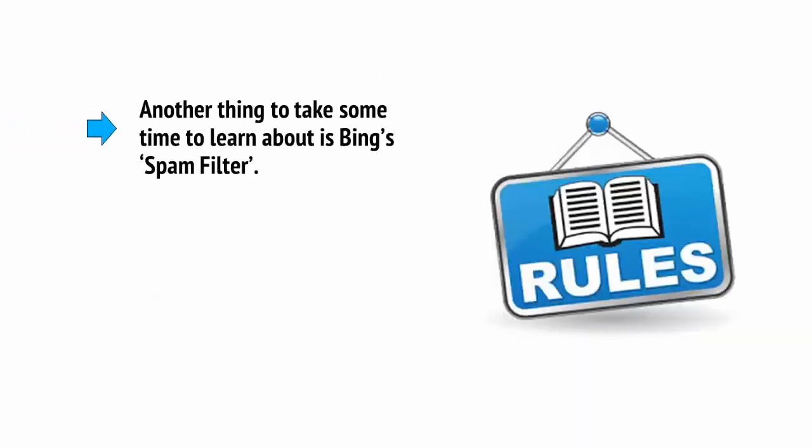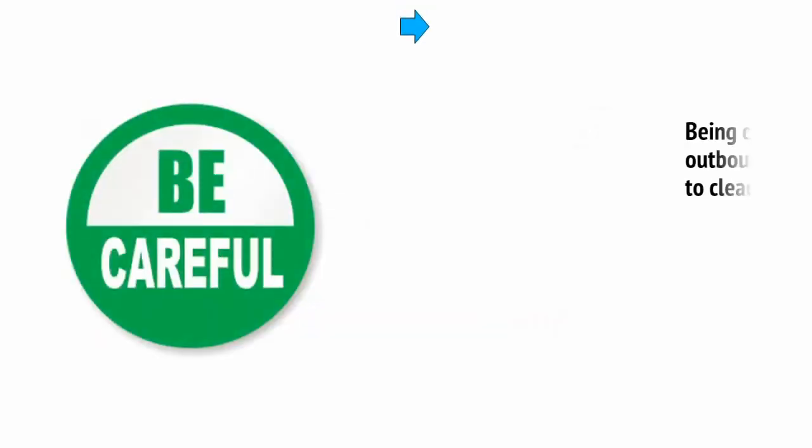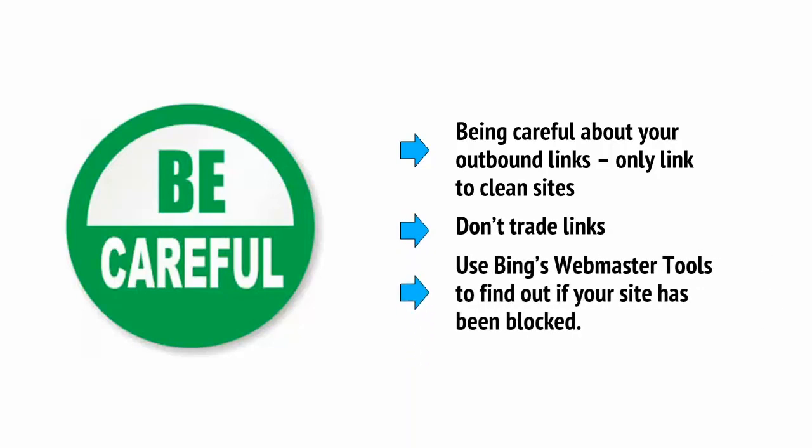Another thing to take some time to learn is about Bing's spam filter, and this is how Bing decides whether or not to penalize sites that show up in its SERPs. So you need to make sure that you observe the rules that Bing recommends. This means being careful about your outbound links, only link to clean sites, don't trade links, and use Bing's Webmaster Tools to find out if your site's been blocked.